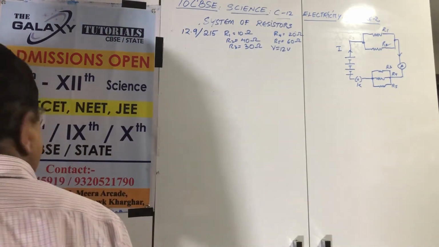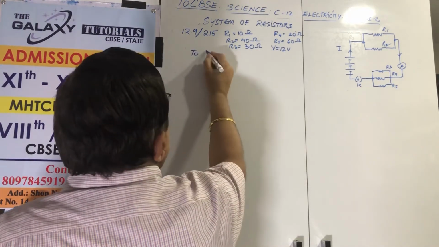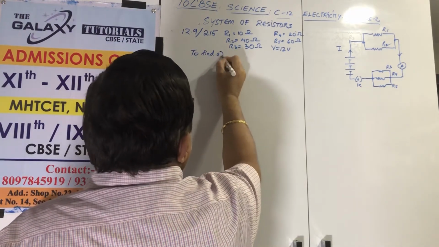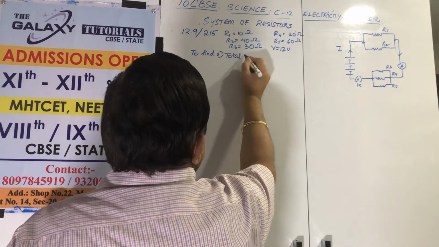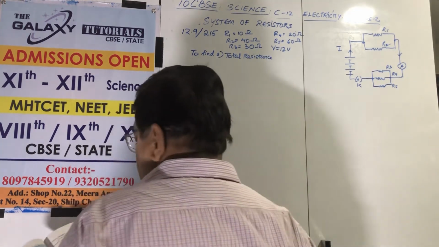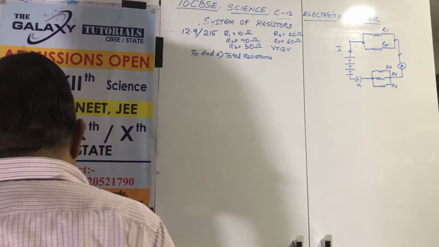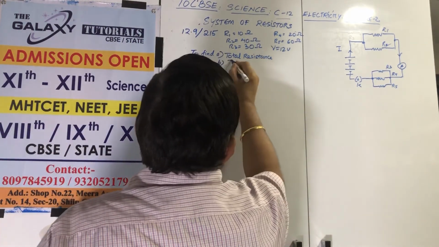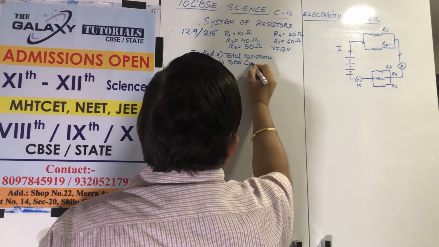We are supposed to find, number one, the total resistance of the circuit, and number two, total current flowing in the circuit.